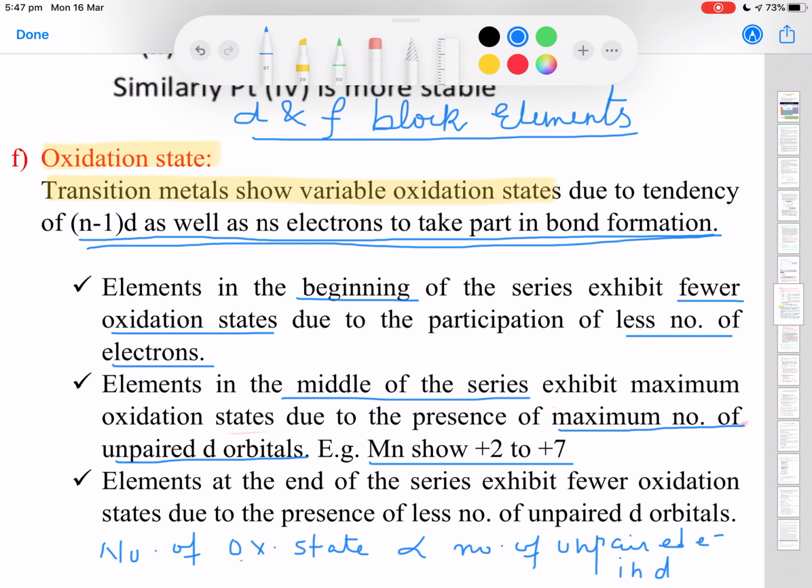So more are the number of unpaired electrons, more number of oxidation states that particular element is going to exhibit. Like for example, I told you manganese.